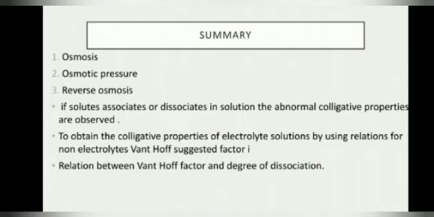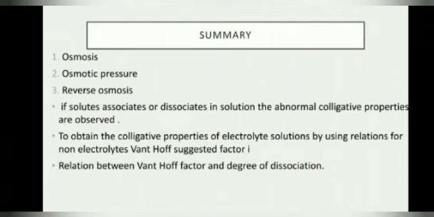Then the excess pressure applied on the side of the solution to stop osmosis is called the osmotic pressure. We have also learned reverse osmosis, the phenomenon of passage of solvent like water under high pressure from the concentrated aqueous solution like sea water into pure water through a semi-permeable membrane.